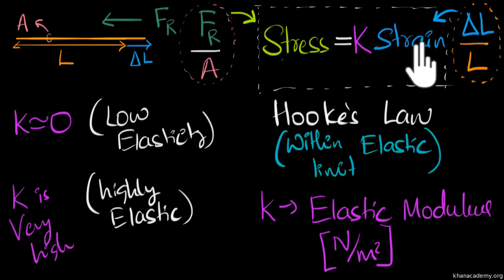So for every kind of strain you produce, there will be a corresponding stress that will be generated. And for each of these stress-strain pairs, Hooke's law works. And so for each kind of stress and strain, we will have different kinds of elastic moduli. All right. And now we'll talk about one particular kind of stress and strain. So let me get rid of this.